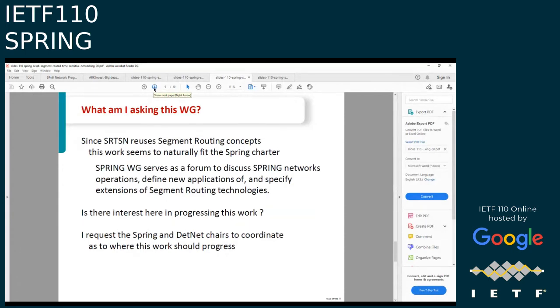So I'd like to simply ask, is there interest in pursuing this work in this working group? And I would like to request the chairs of Spring, DetNet, and perhaps PCE, and I've been pointed towards RAW as well, to discuss or to coordinate between them where this work should progress, if at all. If you don't think it's a good idea, that's also completely valid. And I'll turn it back to the chairs.